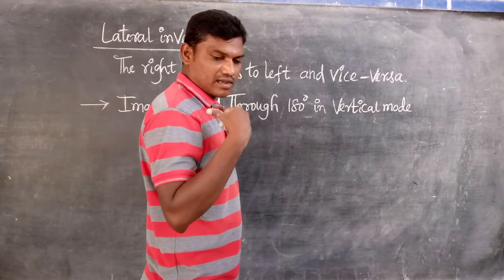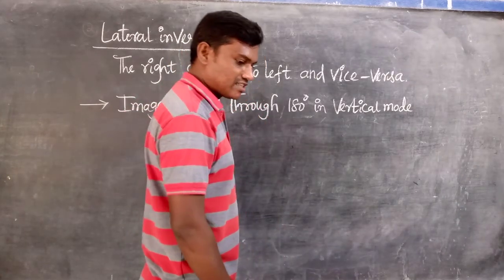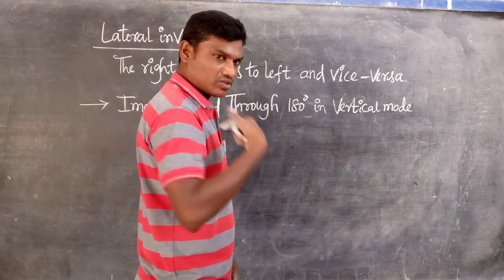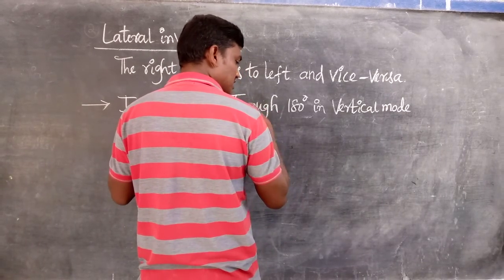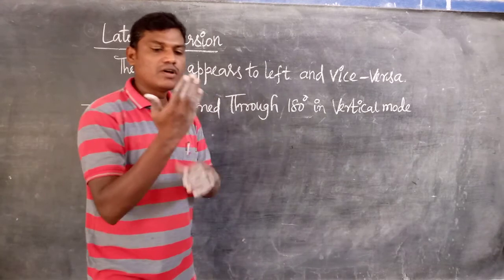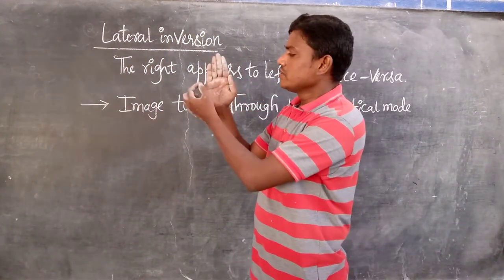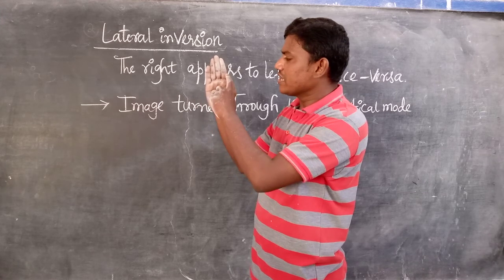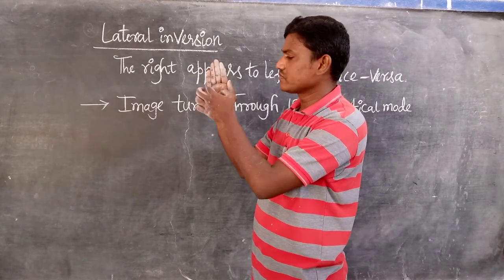So 90 means, here, right, left, observing like this one. Right, left, both are the same. Here you are observing this one. It is the right hand side, just it is the left, we can say that.